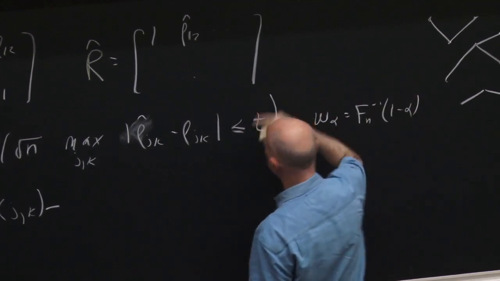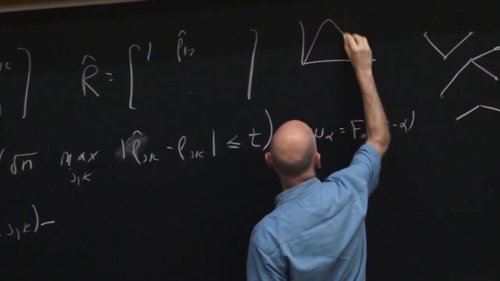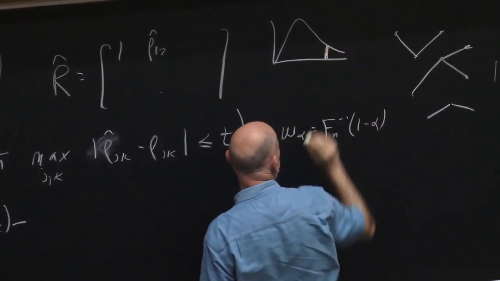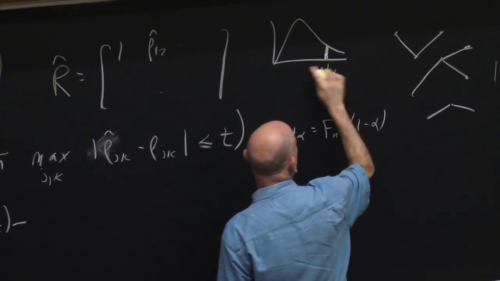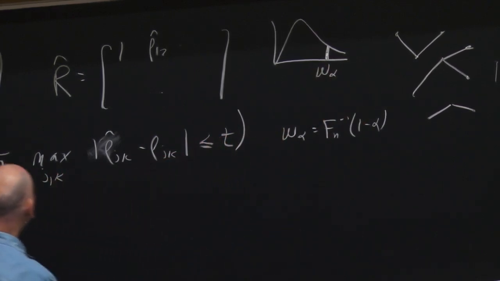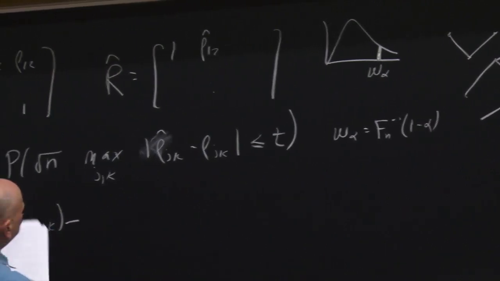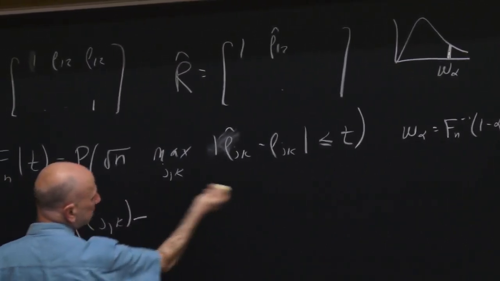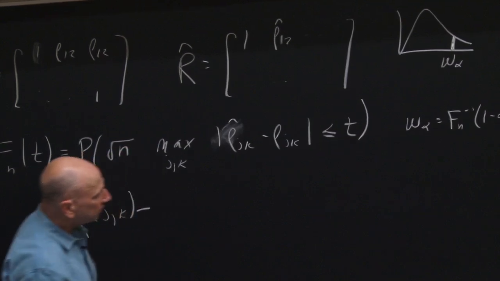Let's take the 1 minus alpha quantile. So this unknown distribution function looks something like this. Let's find the alpha quantile. Then with probability 1 minus alpha, we know that the maximum is always less than or equal to that quantity.